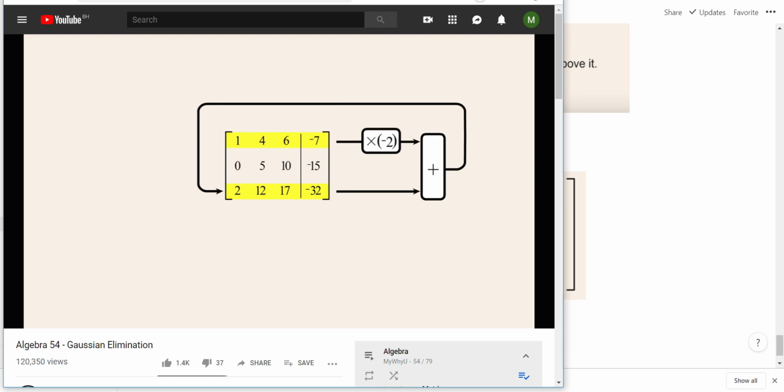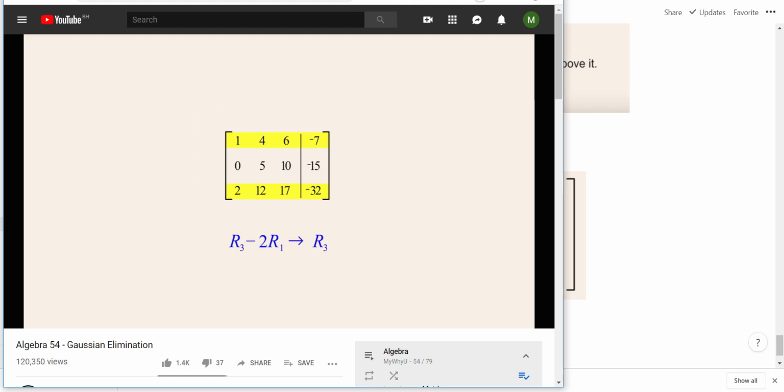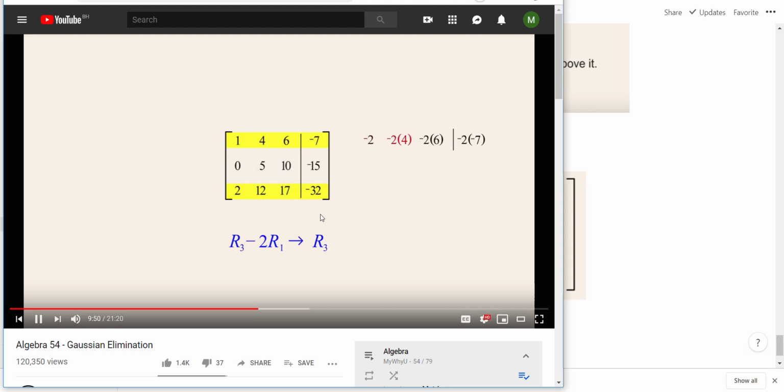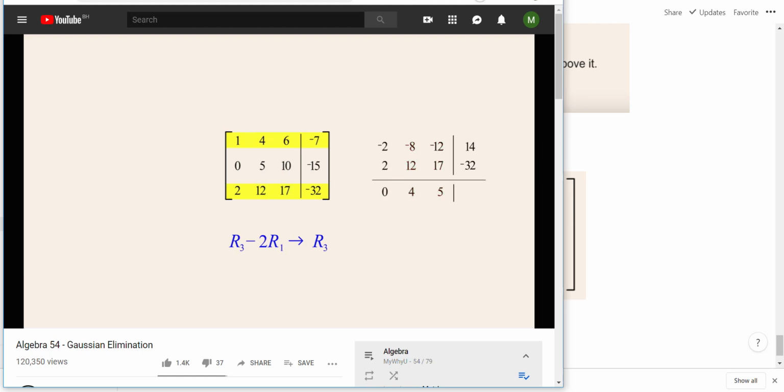We notate this by writing R subscript 3 minus 2 times R subscript 1, followed by an arrow and R subscript 3. Multiplying row 1 by -2, and adding that multiple of row 1 to row 3, we replace row 3 with the result.